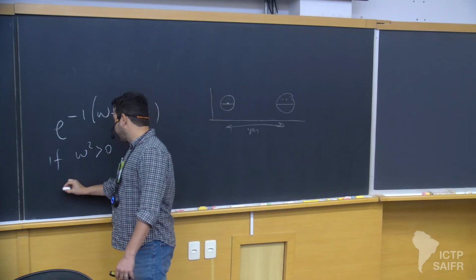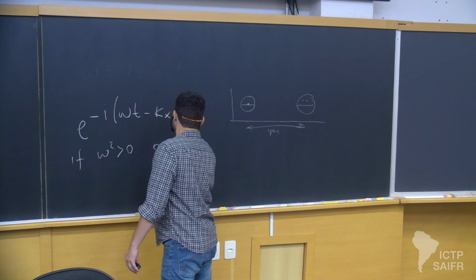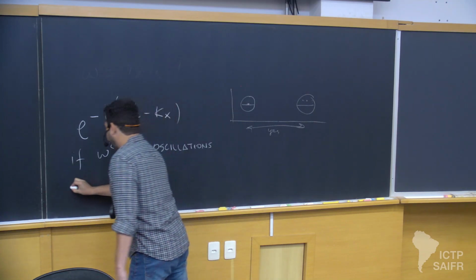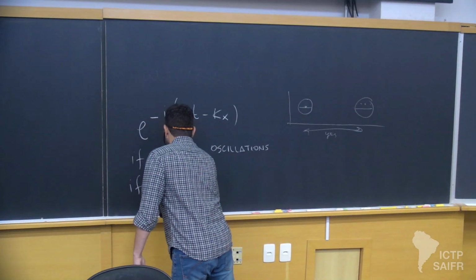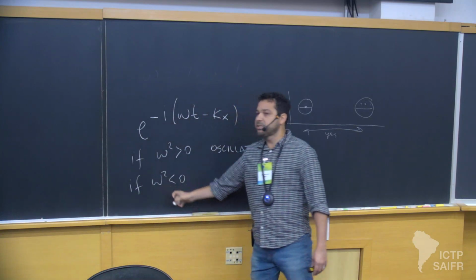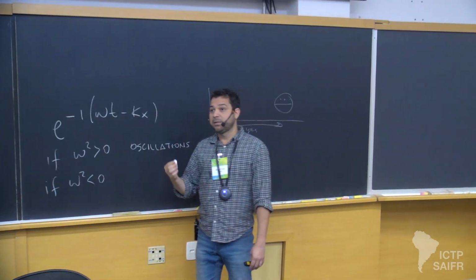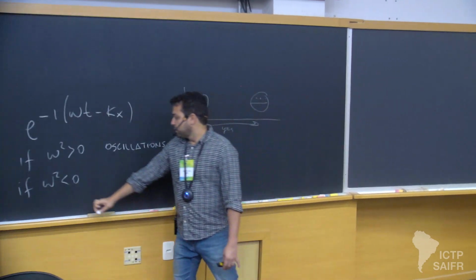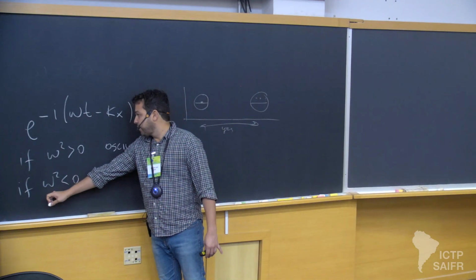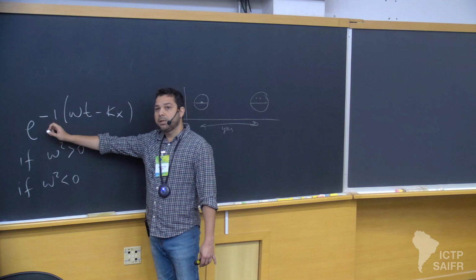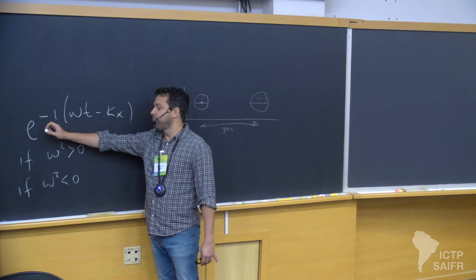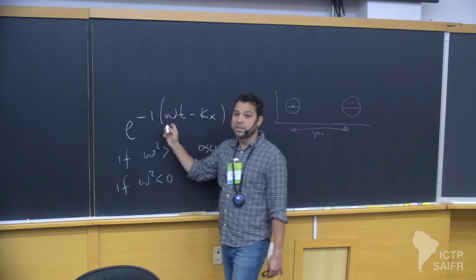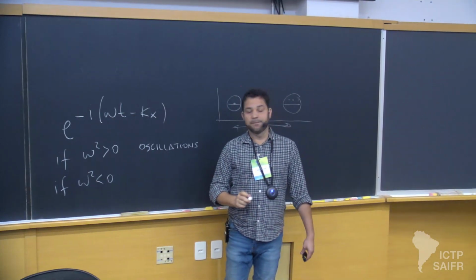However, if you have that omega squared is less than 0, that means that omega is imaginary, right? Or at least has an imaginary part. So this omega here being imaginary is going to contribute an i, right? And then you have minus i squared becomes positive, and then you have something that grows exponentially. So that's instability.